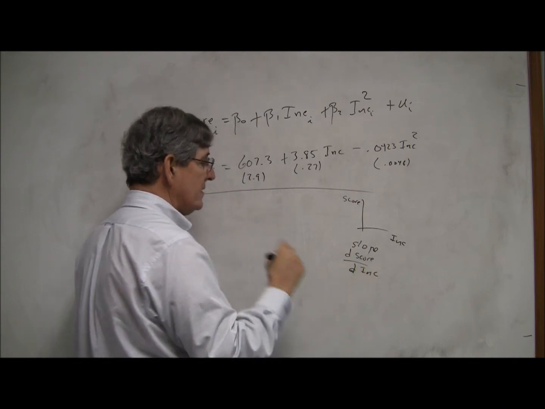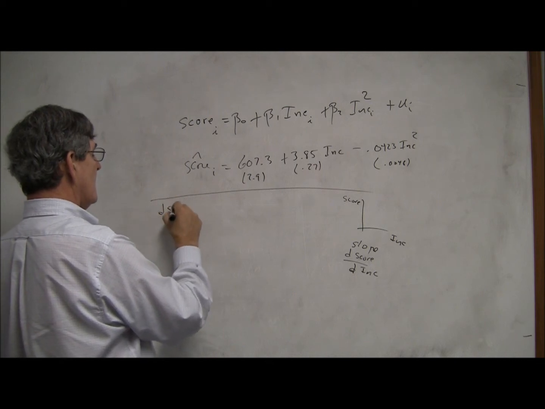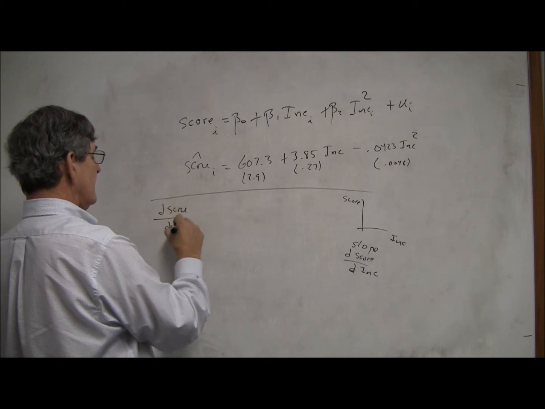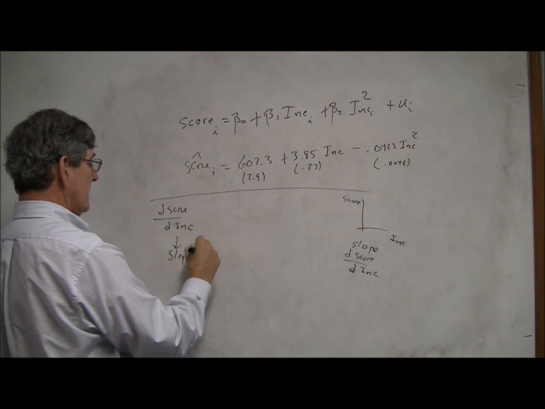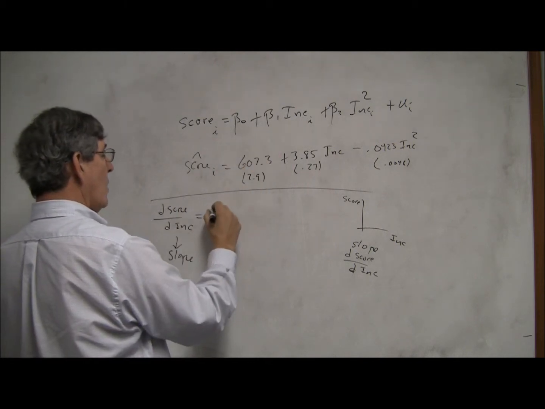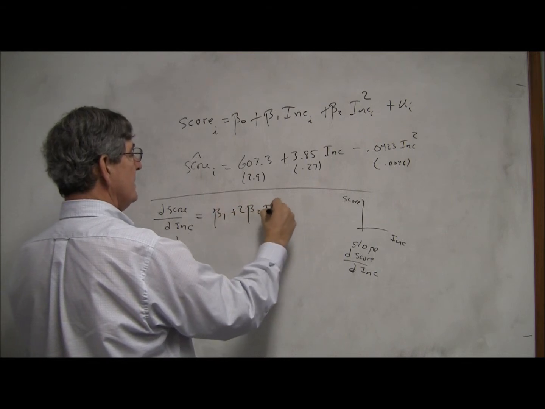We'll do this another way too. But if you just take that derivative, d score, d income, that's the slope. That's going to equal beta 1 plus 2 beta 2 times income.